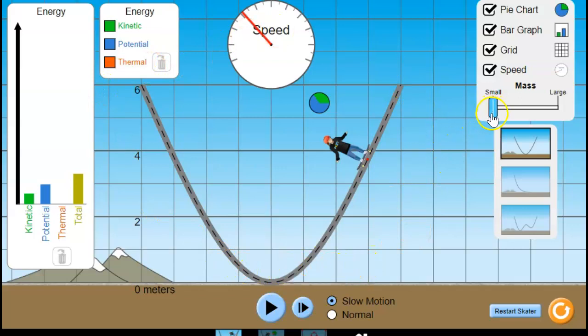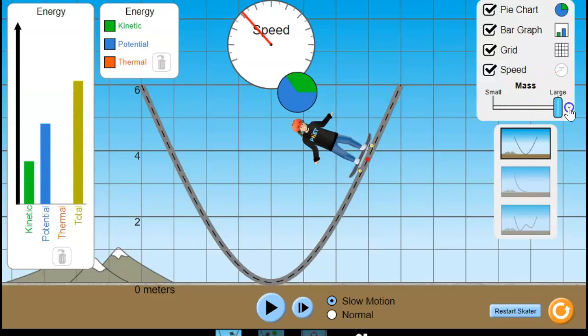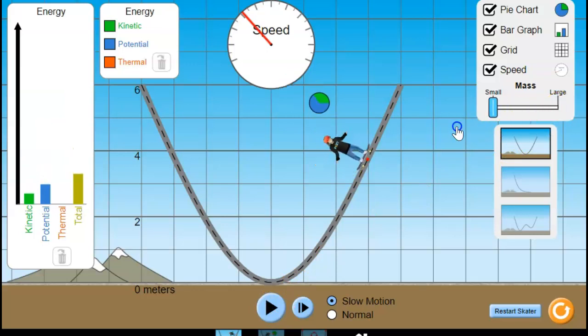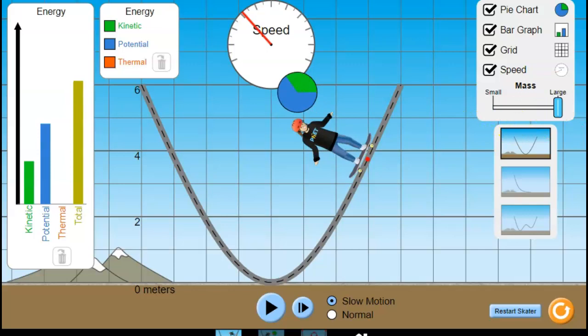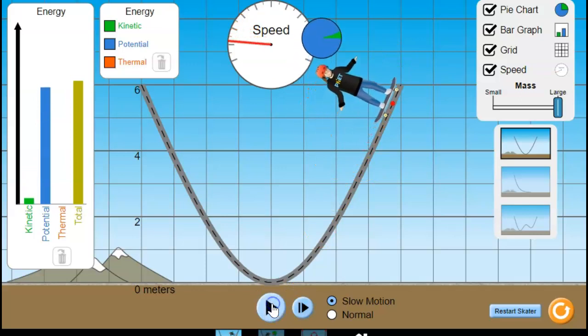And so this is when the guy is small, right? So let's just change that real quick, and you'll be doing a different scenario here. If you look at what's happening to the total amount of energy in the system, when he's huge, there's a lot more energy in the system, both potential energy and kinetic energy. Let's keep going.